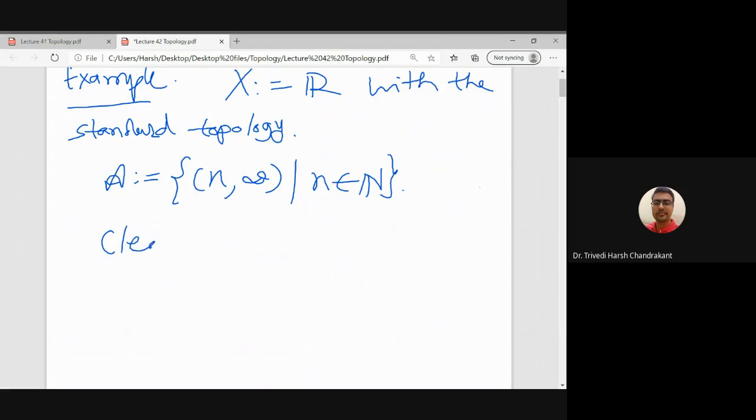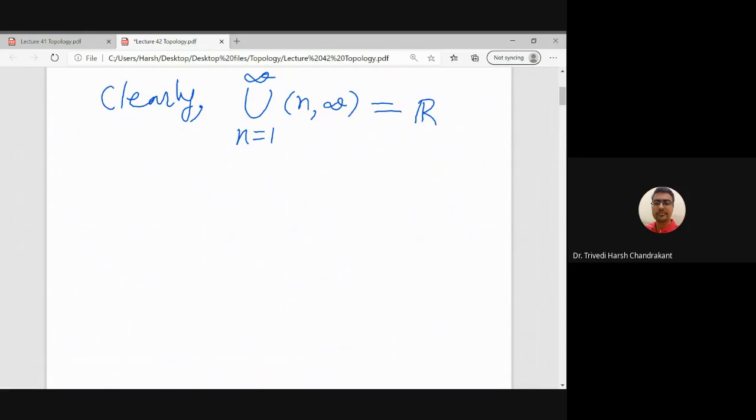So clearly, when I take the union of all elements of A, that means the sets (n, infinity), where n belongs to N, so n running from 1 to infinity, then I will get the entire space X, that is R. This is very easy to see, because whenever I take any element x of the real line, whether it is positive or negative, I can always find a number n which is smaller than that, right?